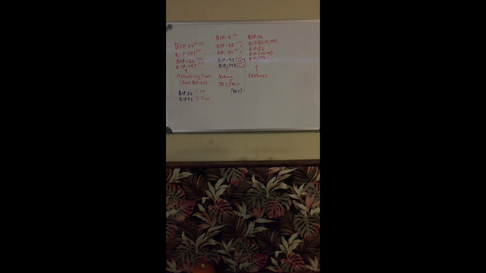So Bech32 is P2WPKH, but they call it native Segwit. It uses a different type of encoding other than base 58 check, all lowercase, and starts with BC for Bitcoin. I'm sure you've seen them around.